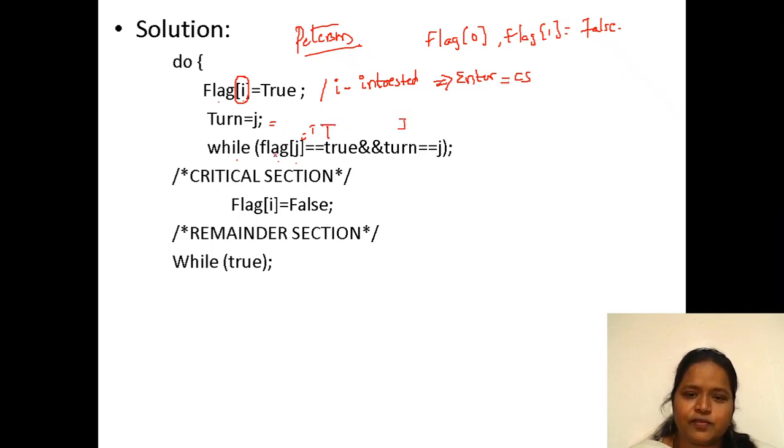Here this j process is interested to enter into the critical section and the turn is also of process j. Then process i has to wait. Now process j will enter into the critical section.